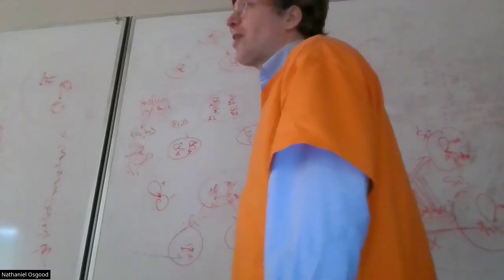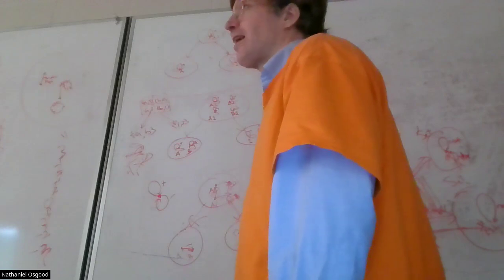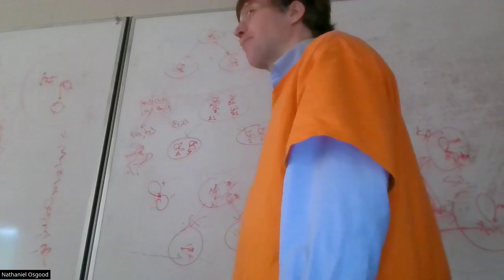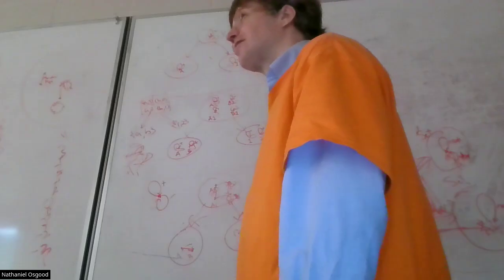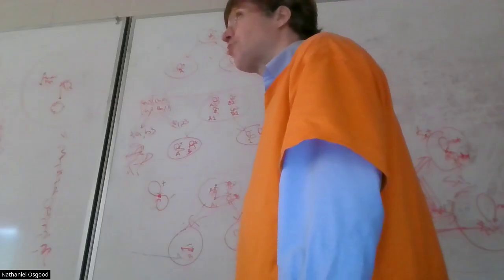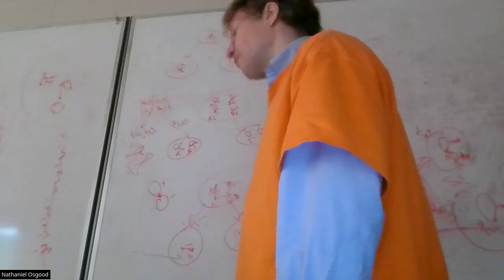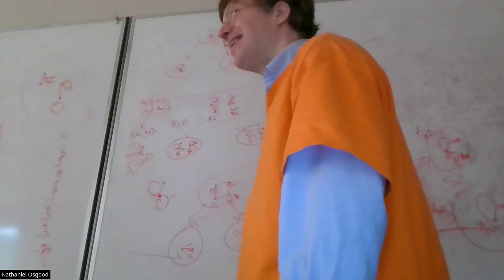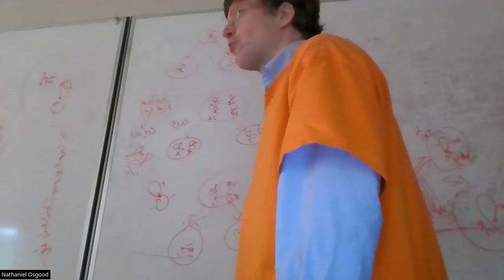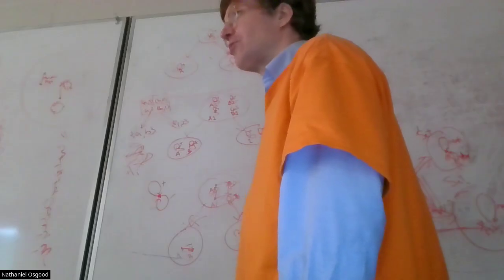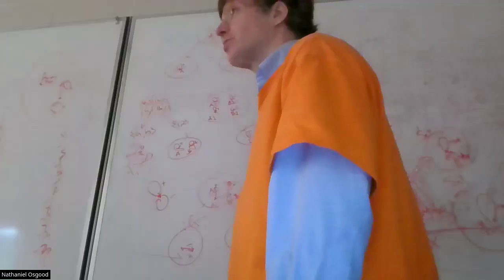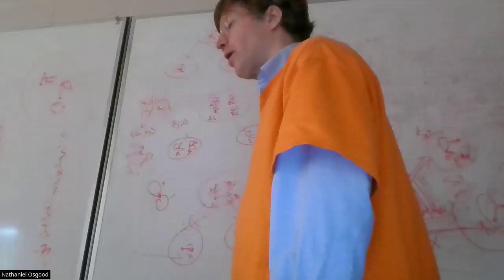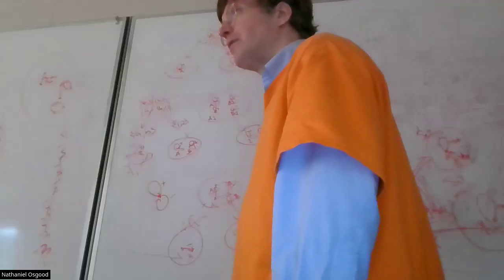I'm going to tell you something that maybe will make you happier. There is a category of non-empty sets, where you just rule out the empty set, and the functions are maps between them.